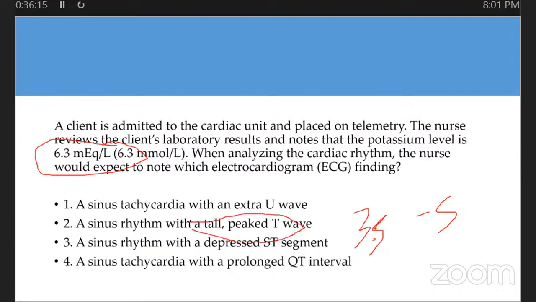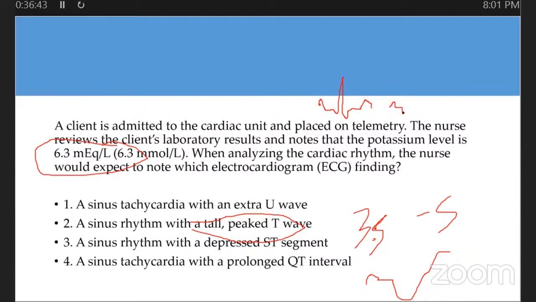So please memorize this. Don't go into the details of why it is peaked; just know that, entry level nurse, that's what we need you to know. If you look at your ECG strip and you see your P wave, your QRS complex, and instead of seeing your rounded T wave, what are you seeing?